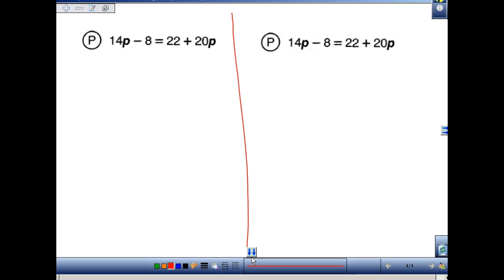So I have a choice here. Remember, I can either say I always want the variables to be on the left, or I can try to avoid negatives. So first, let me just try to avoid negatives here.